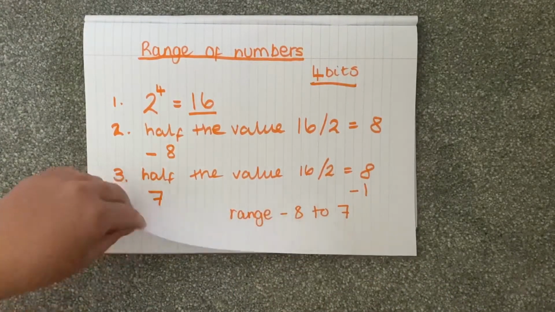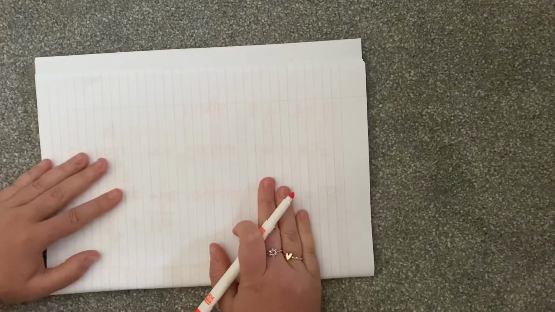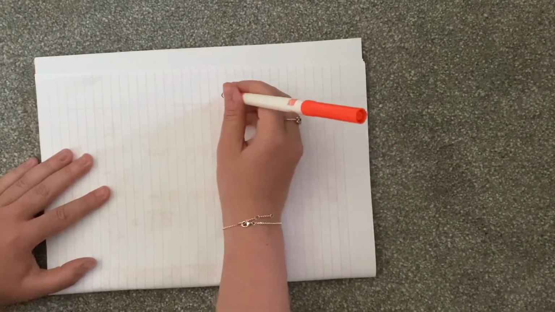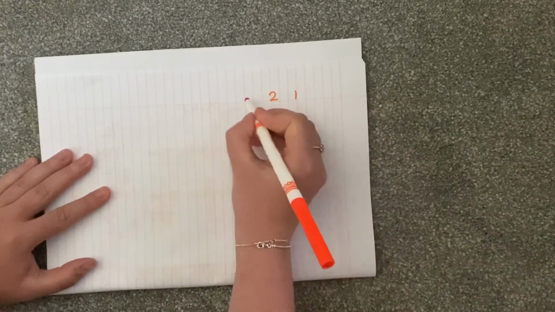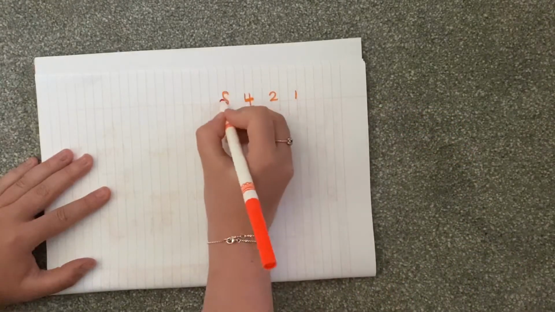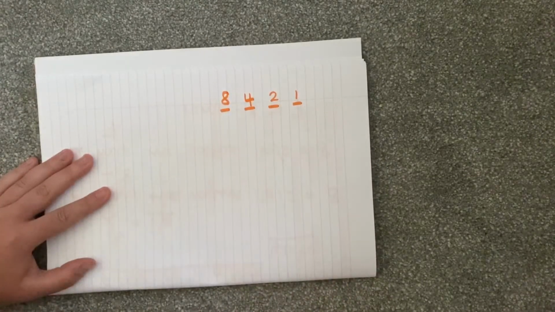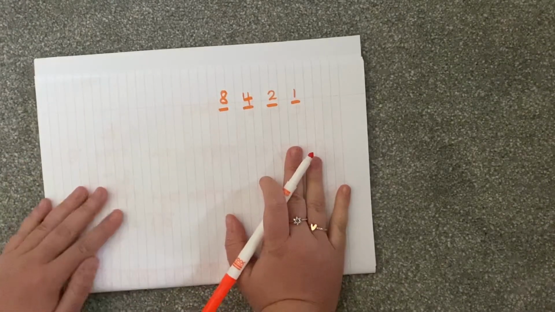Okay, so just to explain that and how that actually works in a little bit more detail for you. If we have got 4 bits, think about the values that we've got at the top of it. We have got 1, 2, 4, and 8. So that's 4 bits along the top. To do this for a negative number, we need to find out our biggest number that we can store there.